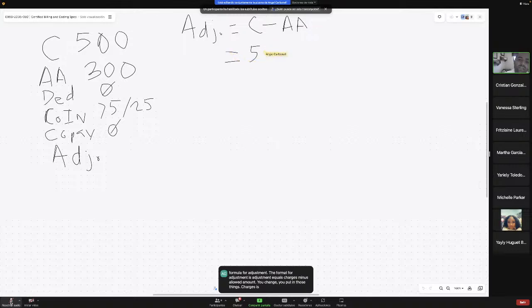Charges is 500 minus 300, that is allowed amount. Your adjustment equals $200. Okay. Not super complicated. That could be a question on your exam. Nothing else. What is the adjustment for this case? The problem is that all of this information is going to be embedded inside a question.